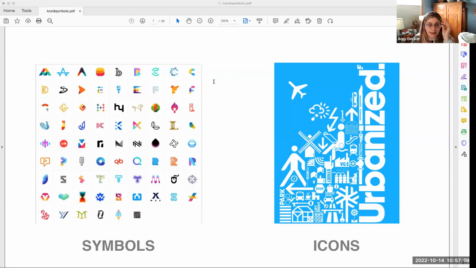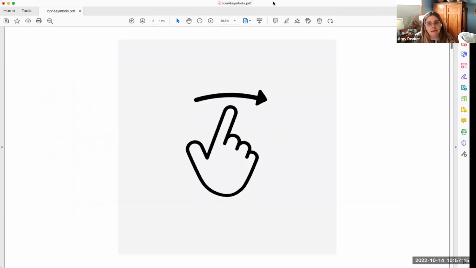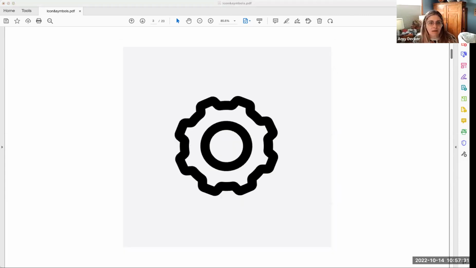For example, a hand accompanied by direction arrows represents a finger swiping. That is an icon. A cog, that is a wheel, is a symbol, and it represents the idea of changing settings.